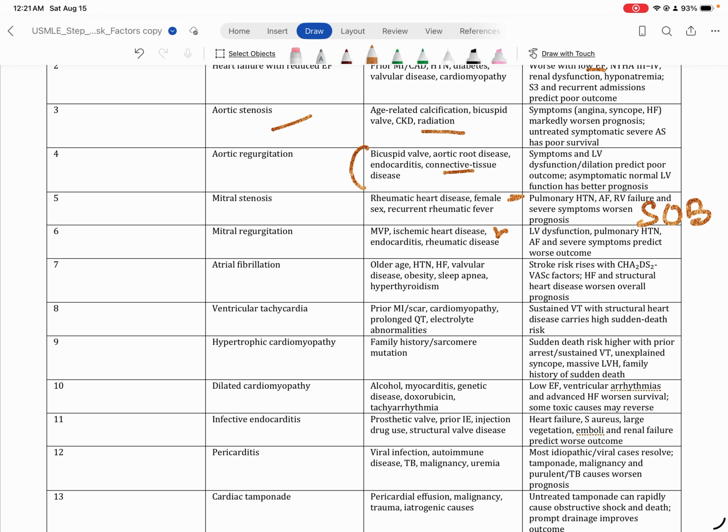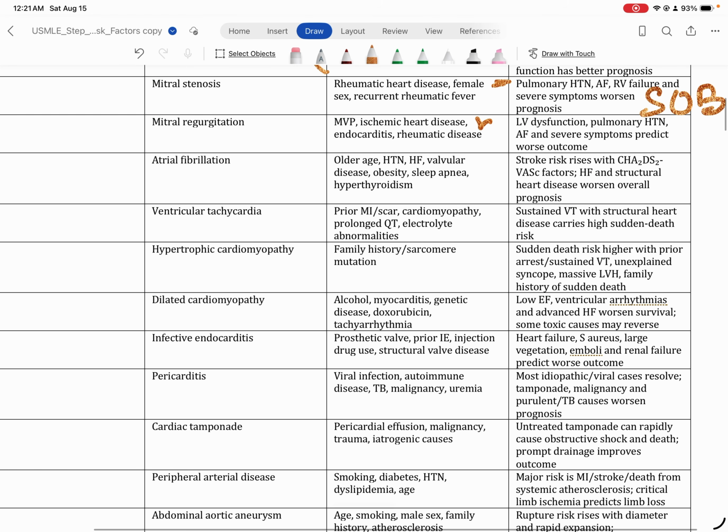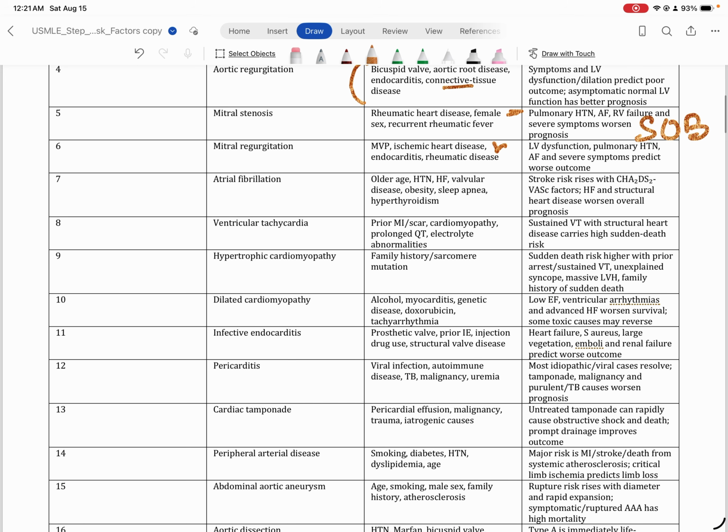The seventh condition is atrial fibrillation, commonly also called AFib. Risk factors for AFib are that patients usually present in older age, and they have hypertension, heart failure, valvular disease, obesity, sleep apnea, and hyperthyroidism.